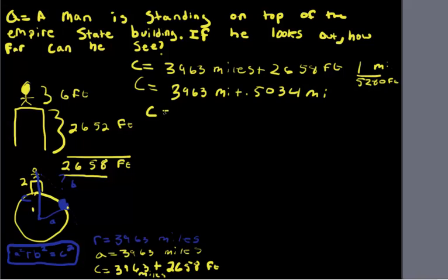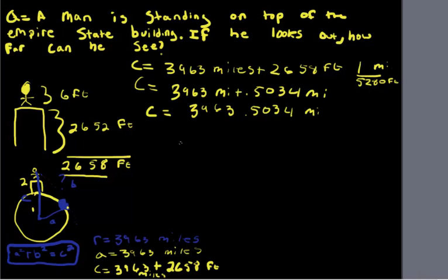So then C is going to be equal to 3,963.5034 miles. If you're confused about this conversion factor, 1 mile is equal to 5,280 feet, don't worry about it. I'll make a video very soon.